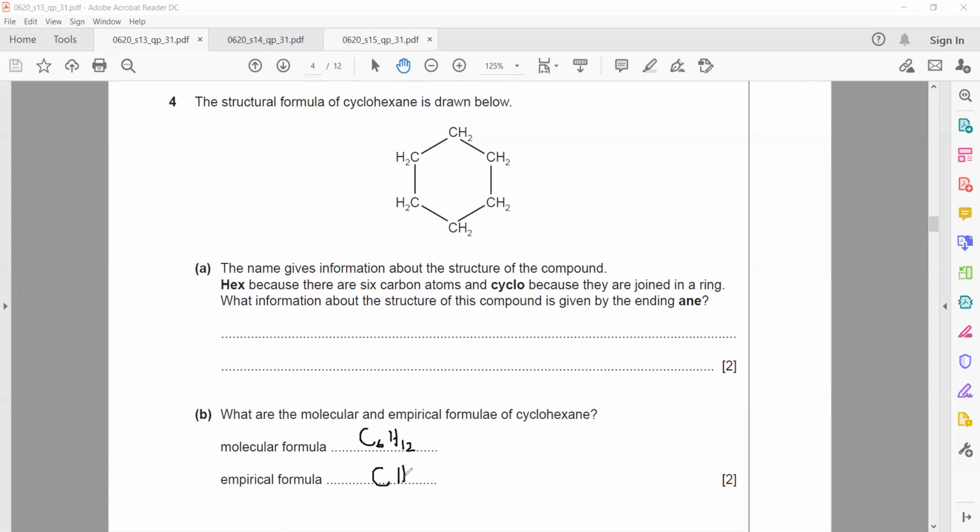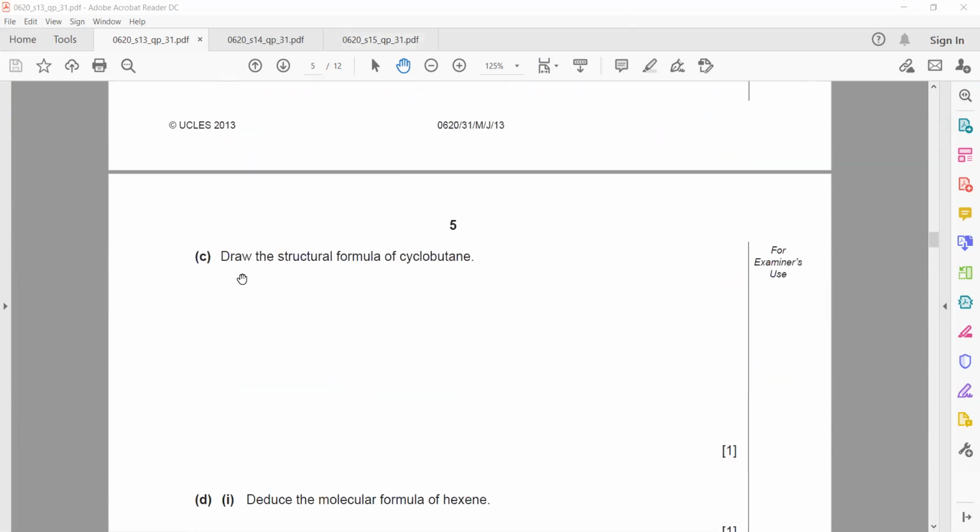The simplest ratio is 1 to 2, so CH2. Draw the structural formula of cyclobutane. So cyclobutane, but means 4 carbons in a ring, a loop, and each contains 2 hydrogens.